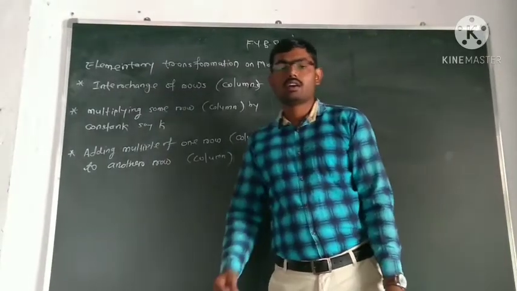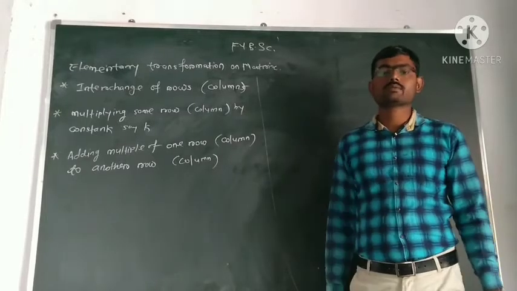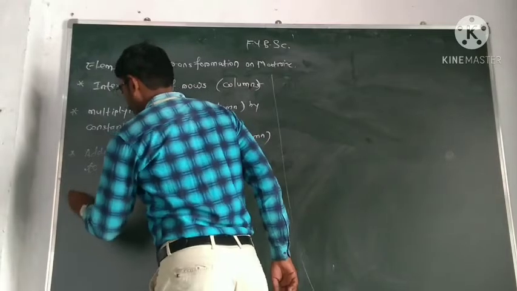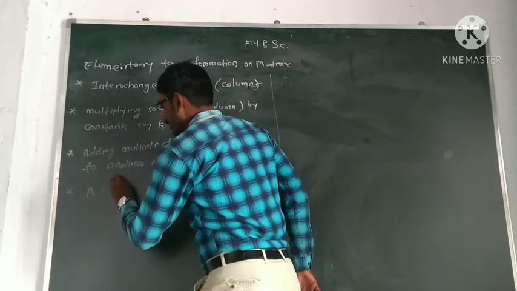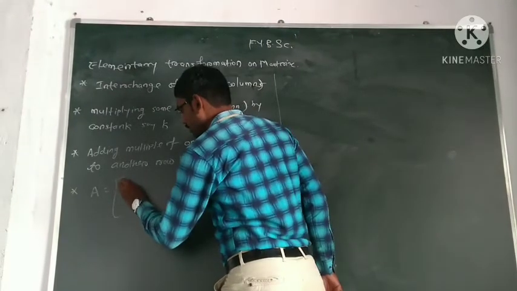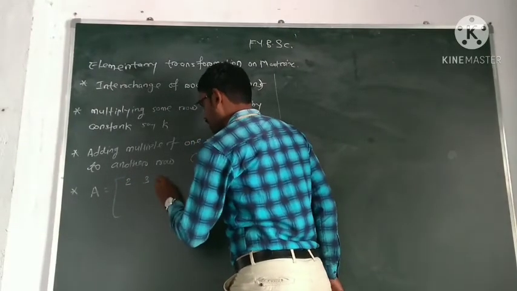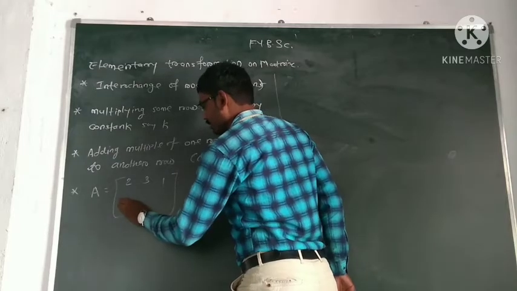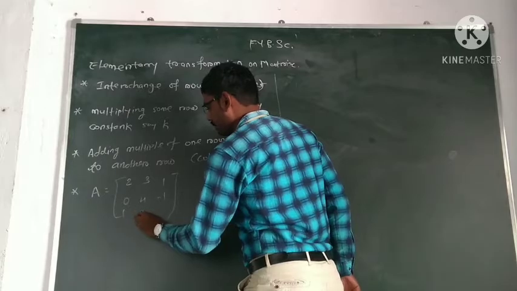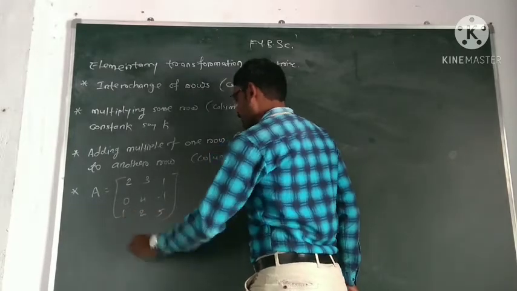We will quickly go through one small example. For example, take the matrix A equal to 2, 3, 1; 0, 4, minus 1; 1, 2, 5.